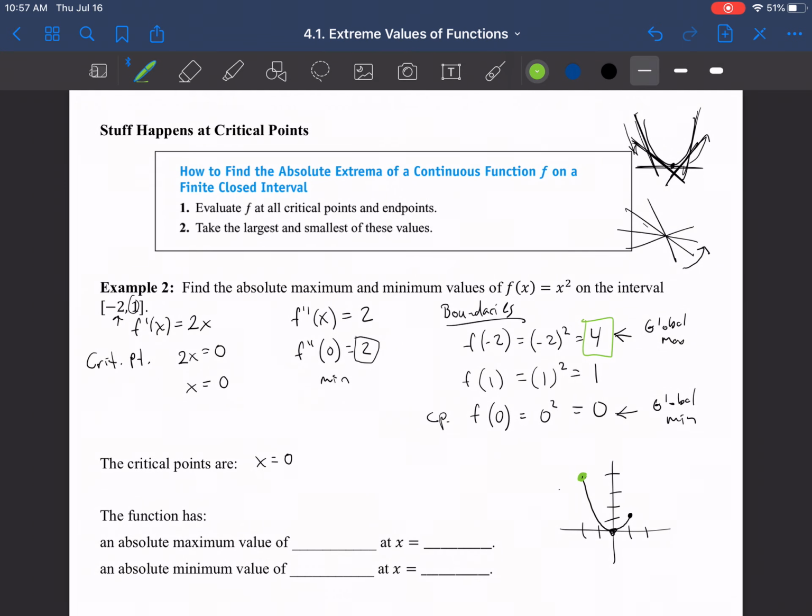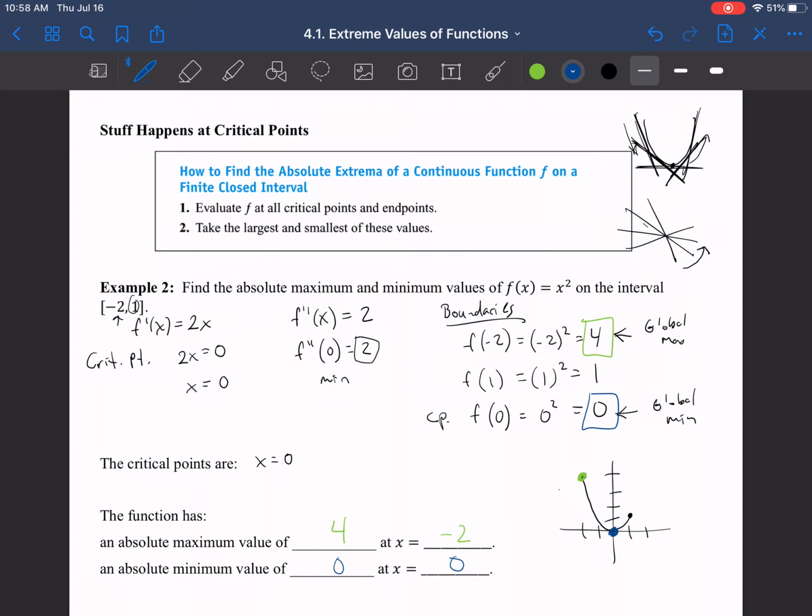And so we have an absolute maximum value of 4 at x equals -2. And then we have a minimum value right there. That's, oops, not that one. That's this one. It's an absolute minimum value of 0 occurring at 0. Okay? So just that simple.